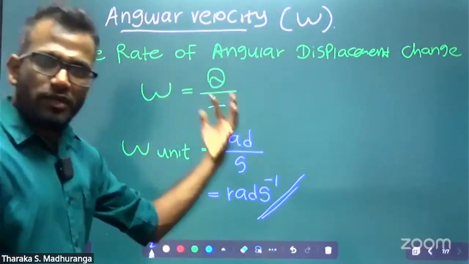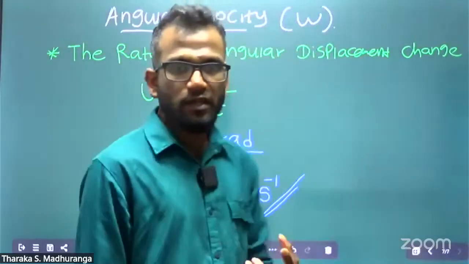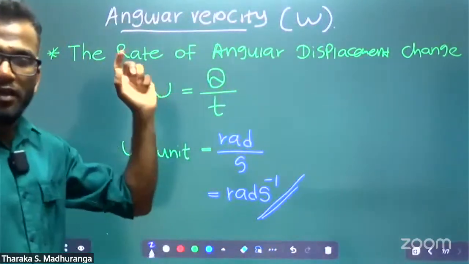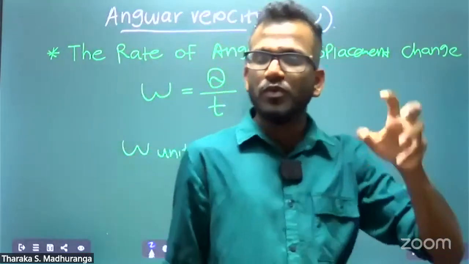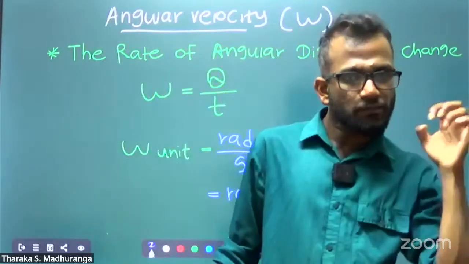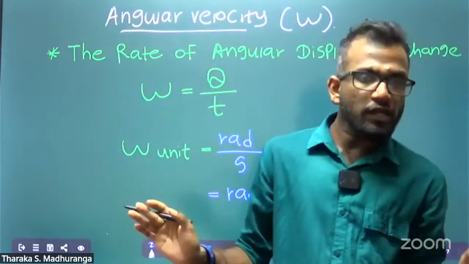The angular displacement change within unit time, or the rate of angular displacement change. Remember these definitions. If you remember all these definitions and understood these concepts very well, you can do these calculations without any equation.